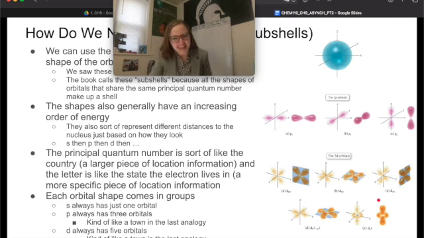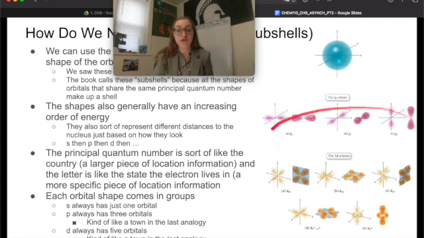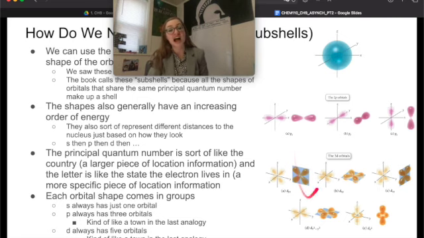So these are almost like the towns in the state. We can narrow down our state into a little bit more specific information. Anytime we see a p orbital, we're talking about one set of 3 different options for locations. And when we're talking about a d orbital, we're talking about 5 different options, all combined to make one d orbital.